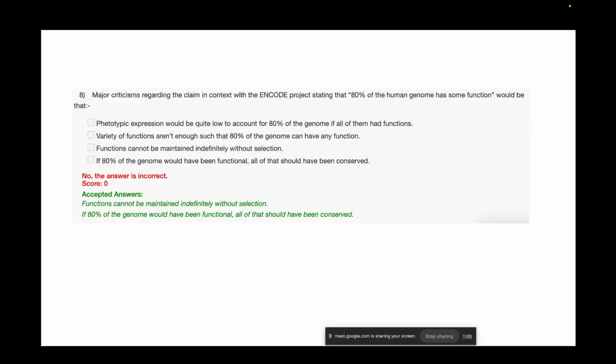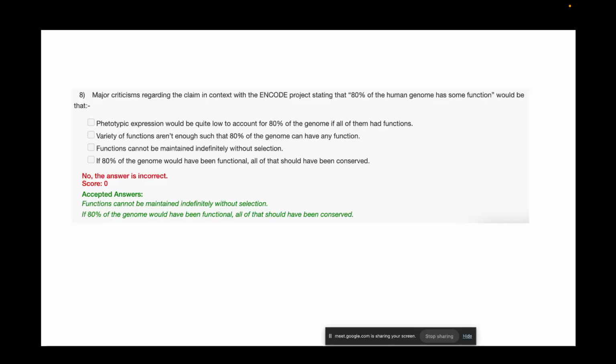The best logic that counteracts the claim that 80% of the genome has some function is from an evolutionary perspective, not from a phenotypic expression or gene expression perspective. If 80% is functional, there should have been selection across the 80% of the genome, but we only see selection in genic regions, mostly exonic regions. That contradicts the logic.